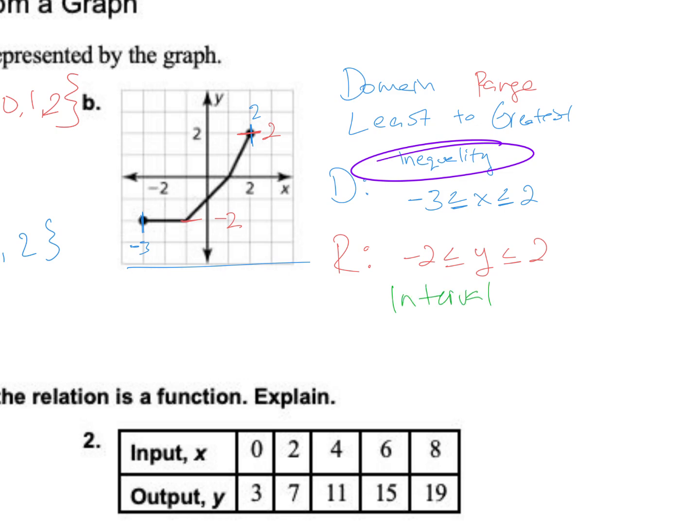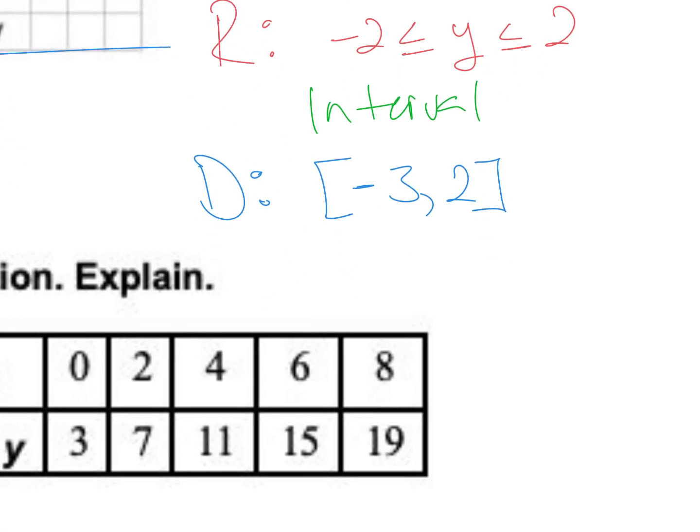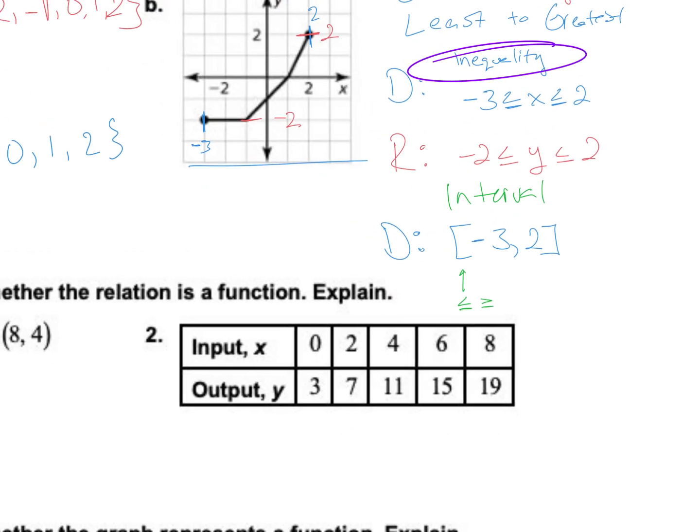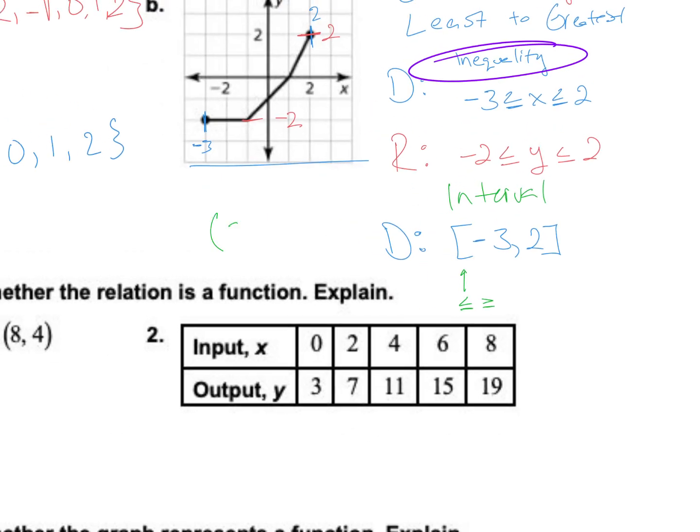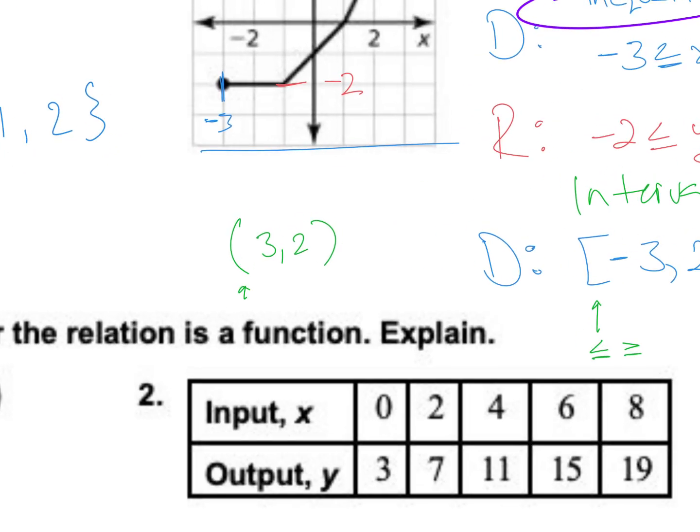Interval notation. So the domain for interval notation would look like this. It would be bracket -3, comma, 2 bracket. And if you're like, well, what the heck is that? This is kind of like when I have a less than or equal to or a greater than or equal to. If I had a parenthesis, this would be like greater than or less than.